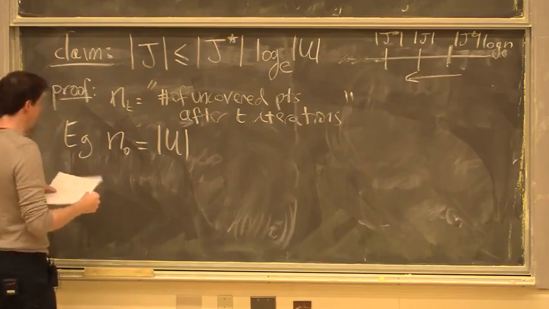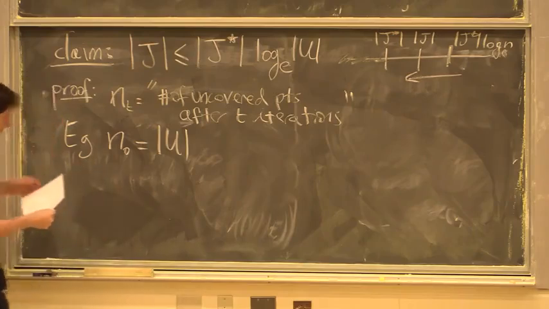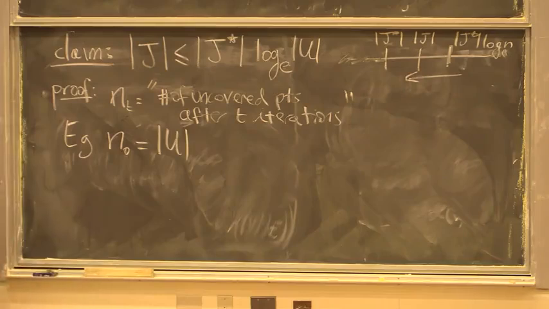All right, so let's see if we can relate n_t and n_{t+1}. If we can prove that we make reasonable progress from n_t to n_{t+1}, then at some point it will be done. That bounds t, which is what we want. We want to say that t is not too large.